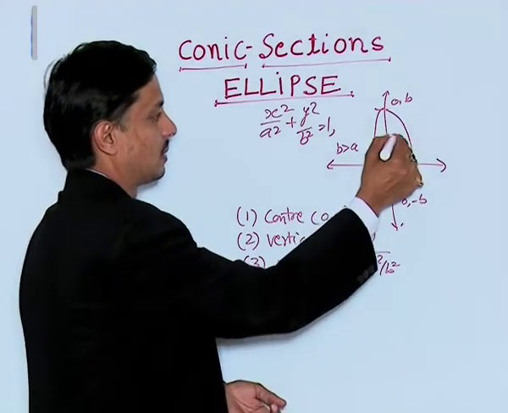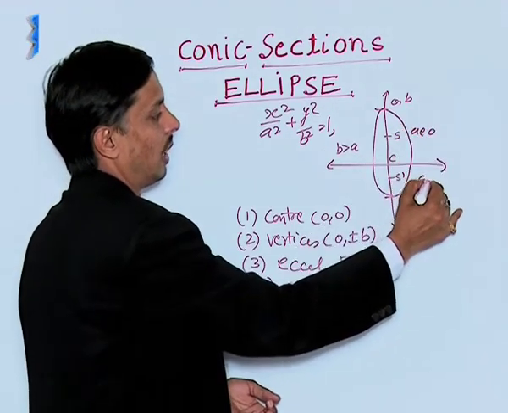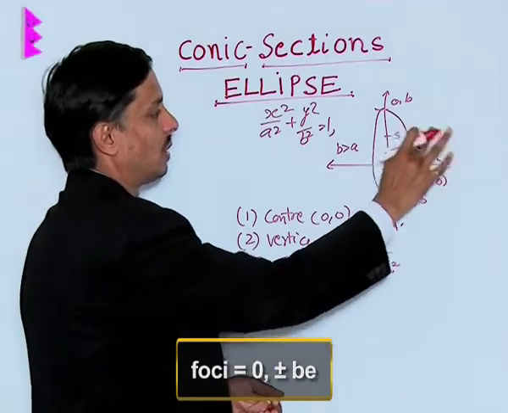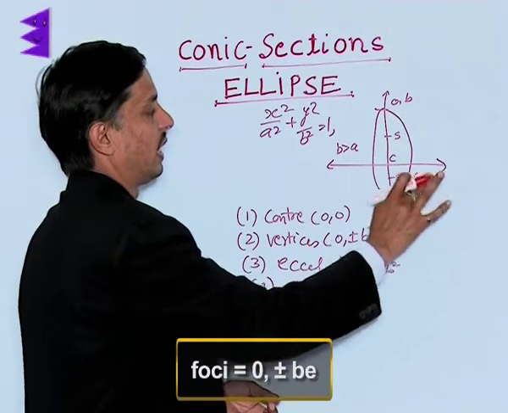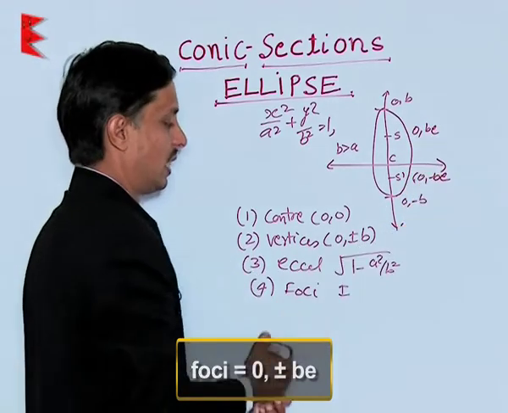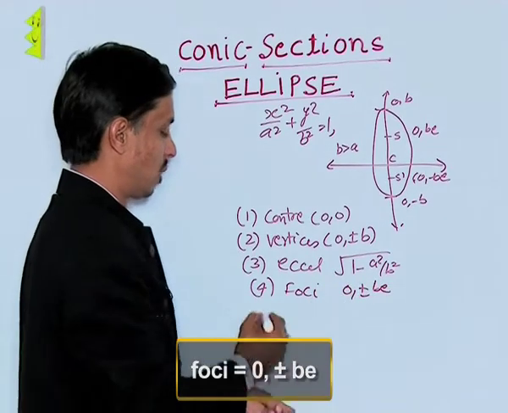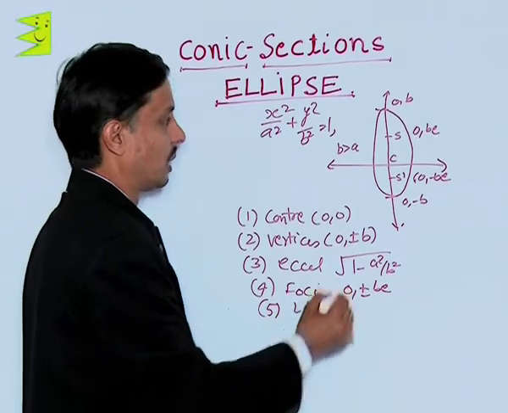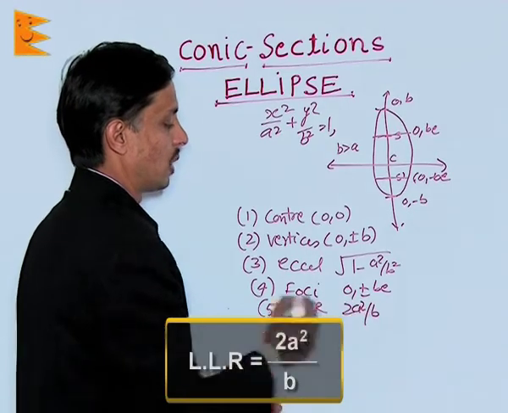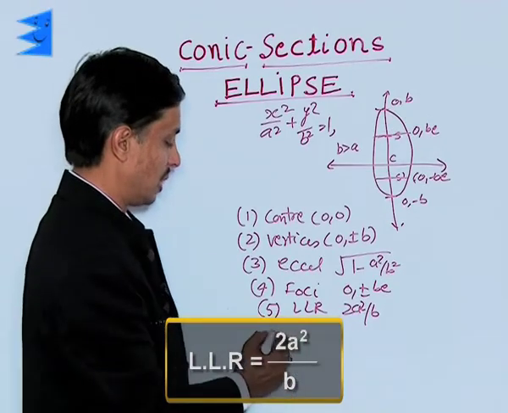The foci S and S dash are given by 0 comma be and 0 comma minus be, that is 0 comma plus minus be, because on the y-axis we take x as 0. Then the length of latus rectum. In this situation, the latus rectum is given by 2a square upon b. The length of these two equal latus rectums is given by 2a square upon b.